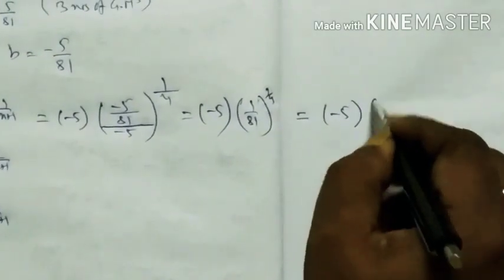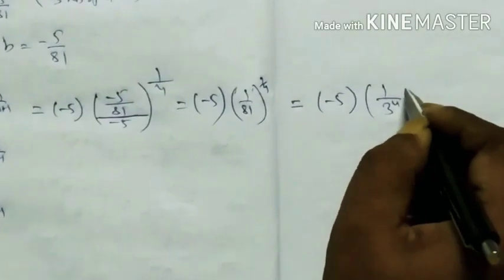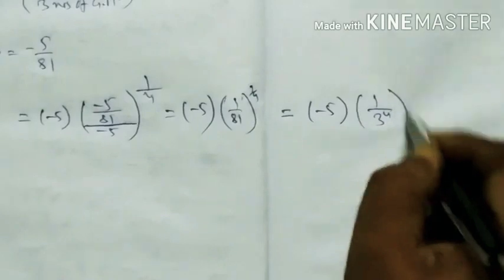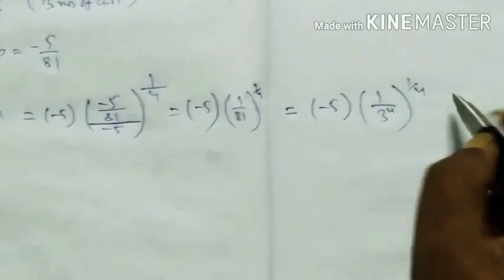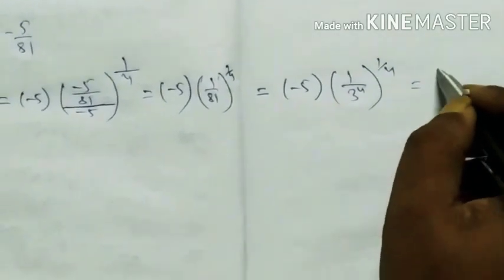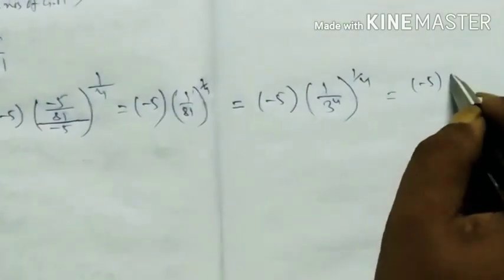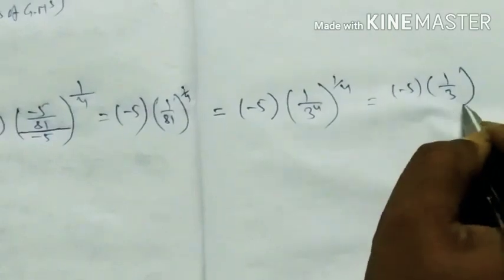So 1 by 3 to the power of 4, to the whole power 1 by 4. So this comes out to be minus 5, this 4 cancels out and it is 1 by 3.